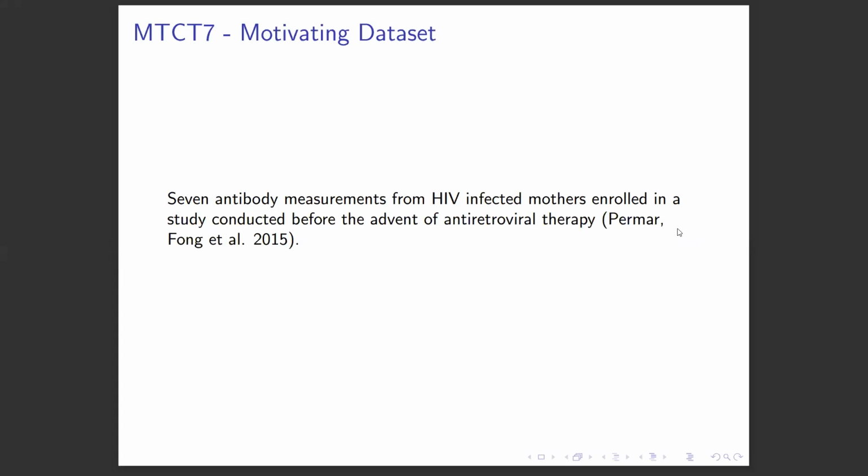And this doesn't happen anymore, but this data set was collected many years ago when the antiretroviral therapy wasn't yet effective like today and wasn't widely available. So the main goal of the study is to study the biology, to study what's the risk factor for the transmission.